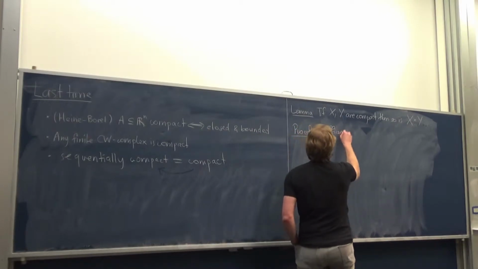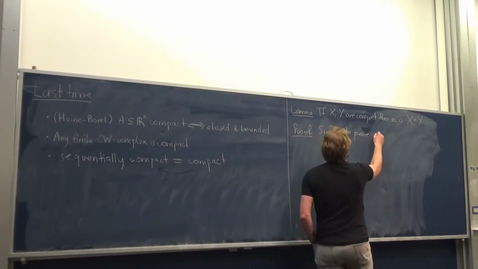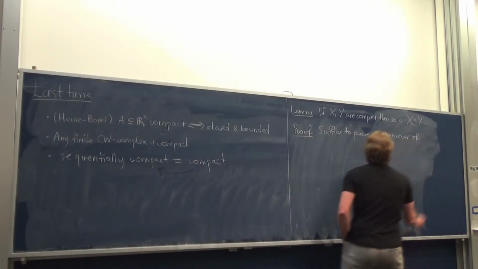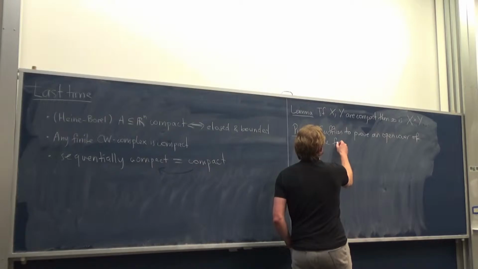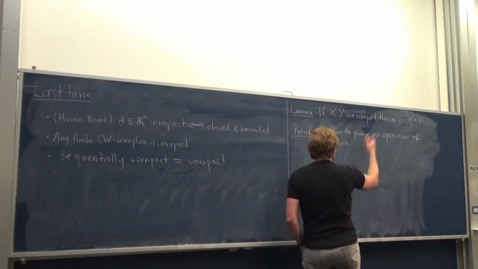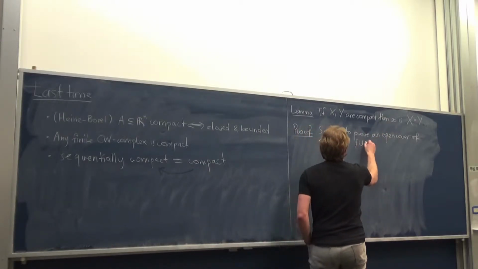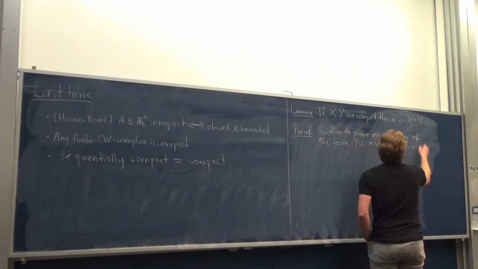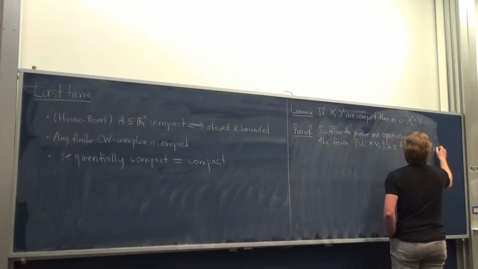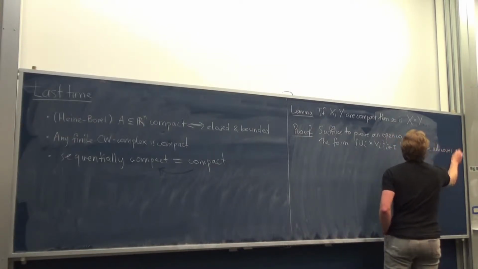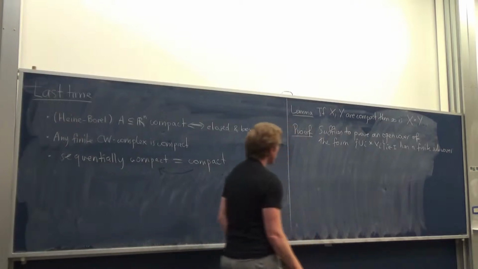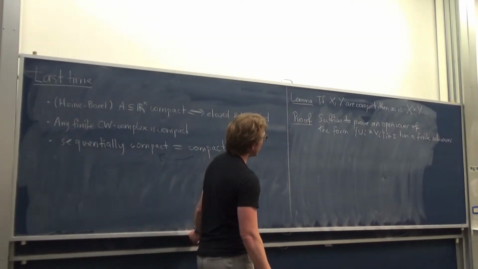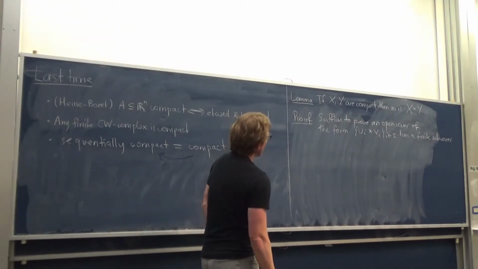So it suffices to prove that an open cover which is taken from the standard basis for this topology has a finite subcover. So we take an open cover consisting of Cartesian products of open subsets ui of X and vi of Y. All right.